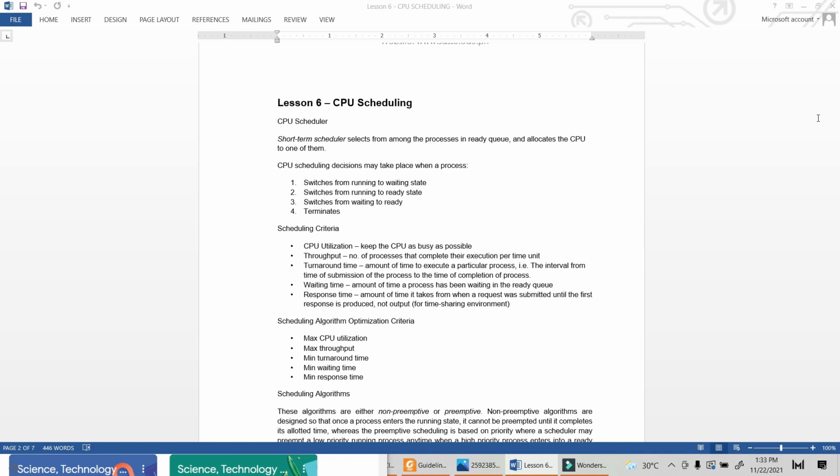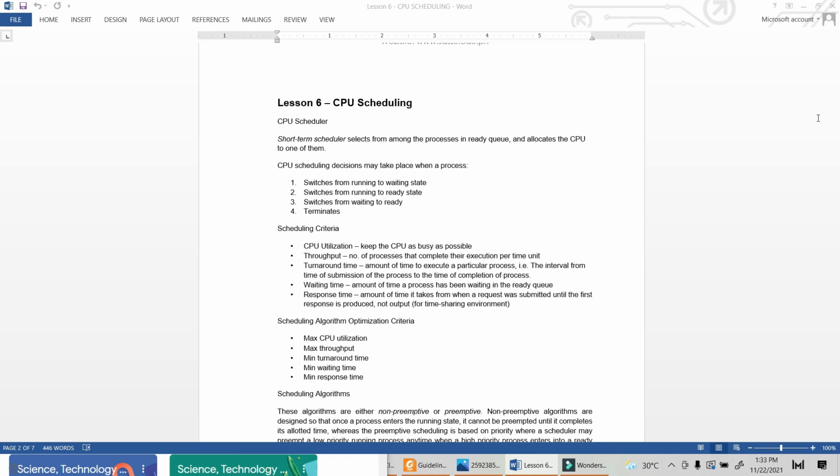And why is that? Because multi-programming or multitasking involves multiple processes, so by switching the CPU among processes, the operating system can make the computer more productive. You may be thinking, why will switching the CPU among processes make it more productive?